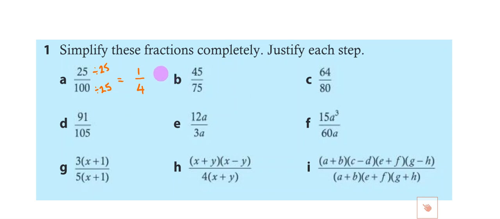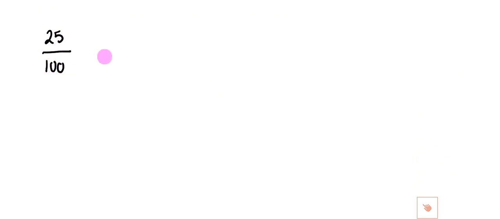So we would say that this potentially could be, sorry, if I make a bit more space to explain this, well you're explaining it. So 25 over 100, you have split it into 1 times 25 and 4 times 25, right? So you've kind of got to remove the common factor.